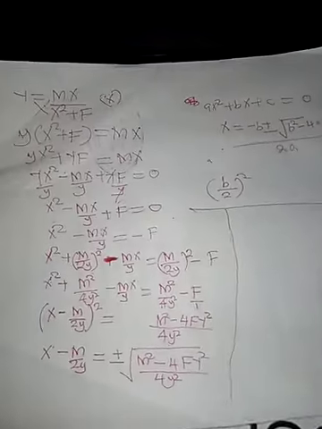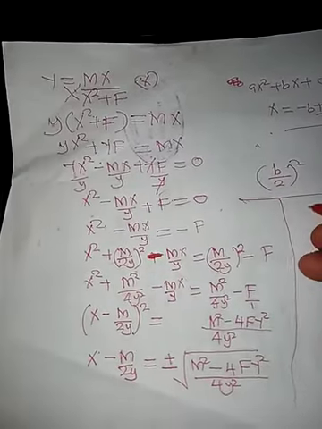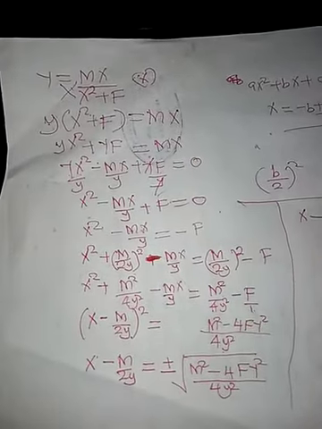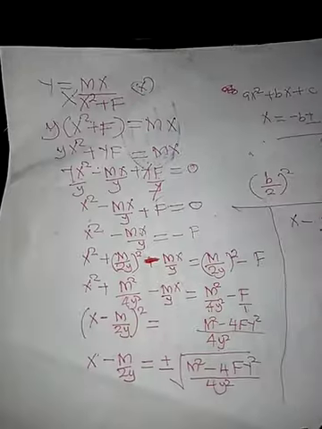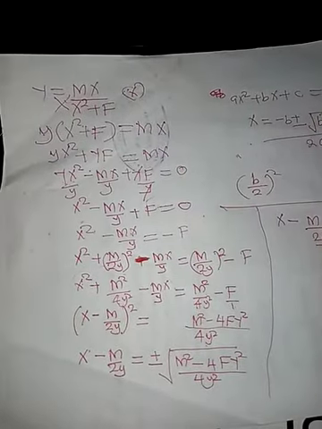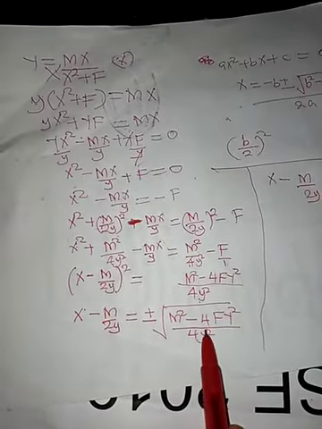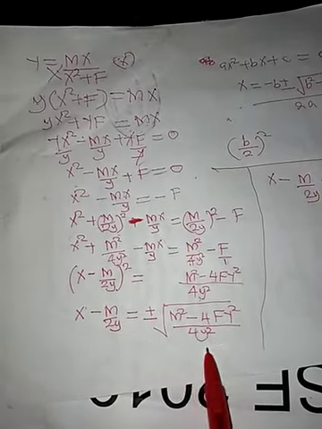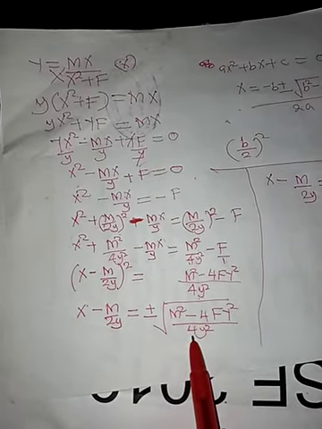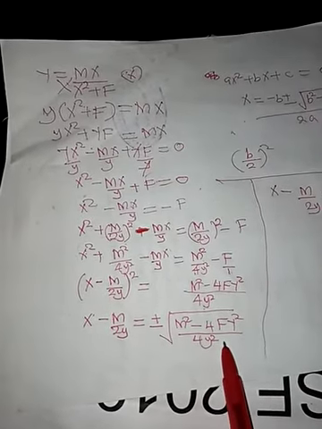From there, when we get the square root, we will have x minus m over 2y is equal to positive or minus. We can get the square root of this 4, and we can get the square root of 4y squared.